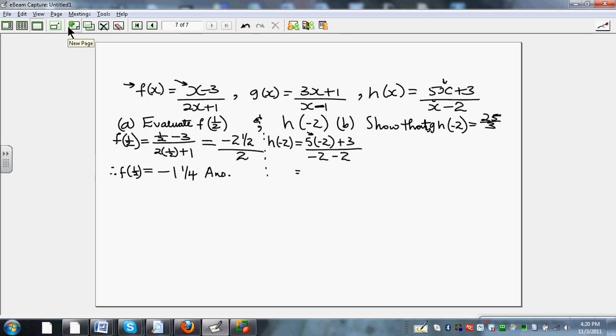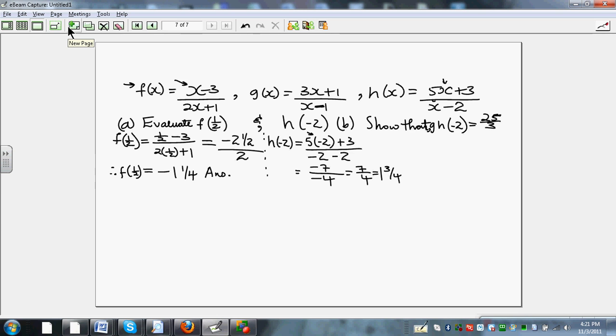Minus 10 plus 3 is minus 7 on top. And below we'll get minus 2 minus 2, which is minus 4. So we'll get minus 7 over minus 4, which is the same thing as saying 7 over 4, right? Because when you divide top and bottom with the same sign, the result is going to be positive. So this is 7 over 4, or if we want, we could bring it down to a mixed number: 4 ones are 4, 5, 6, 7, so you have 1.75. So we have h of minus 2 is 1.75.